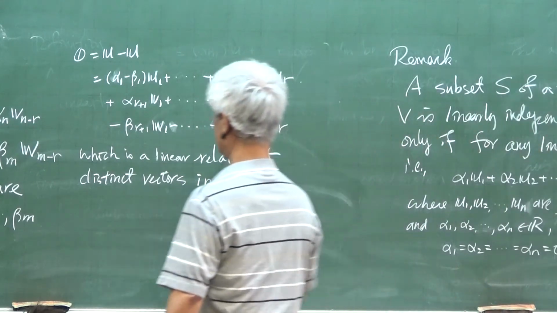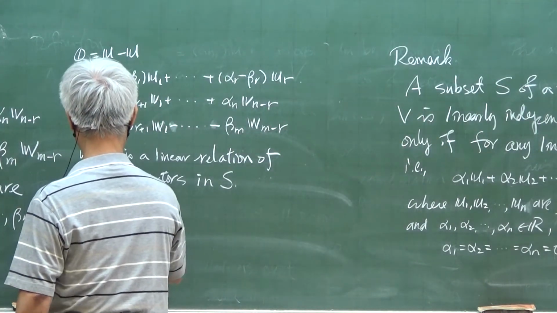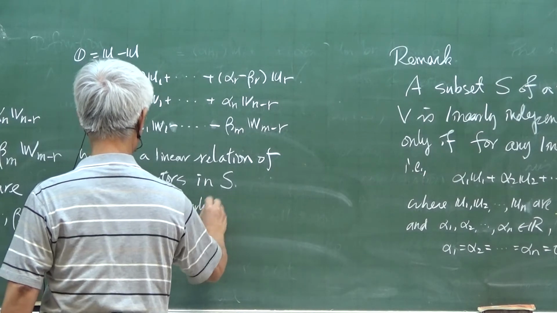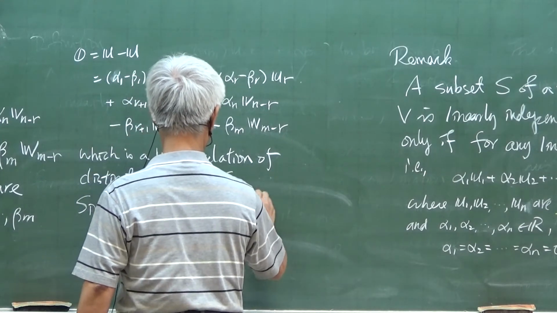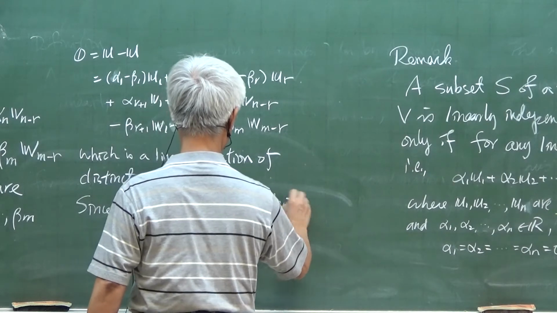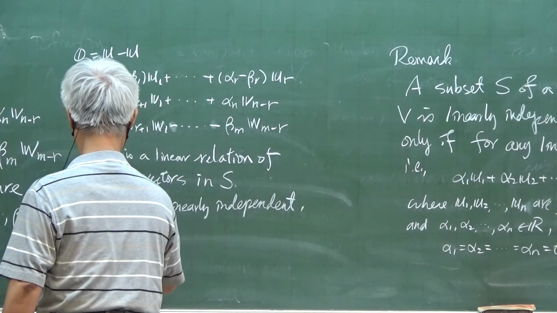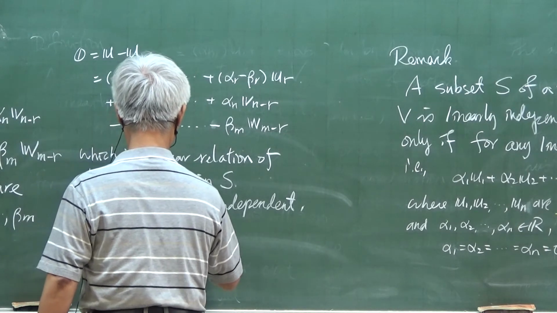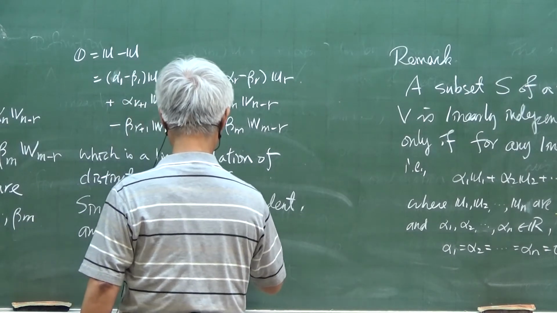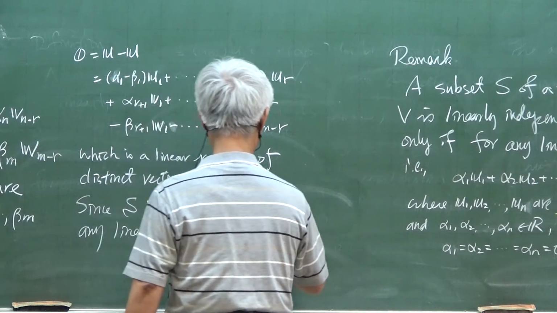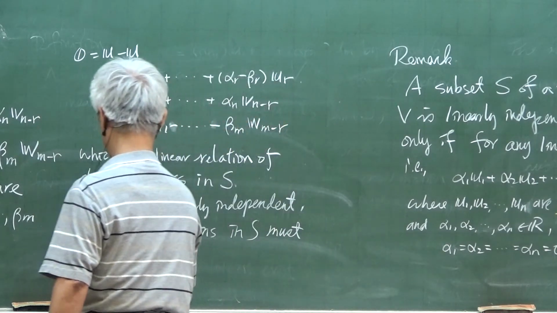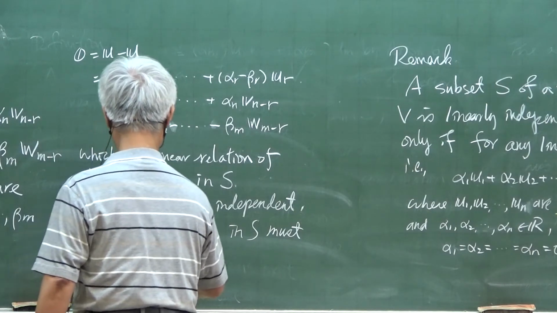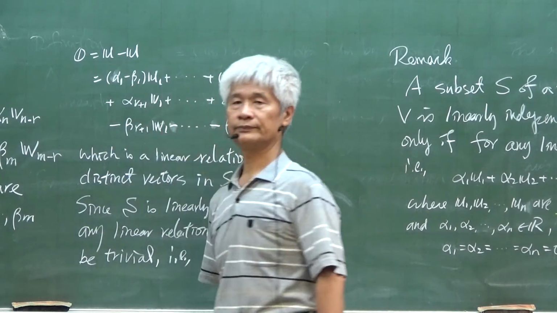So since S is linearly independent, any linear relation in S must be trivial, i.e. trivial.